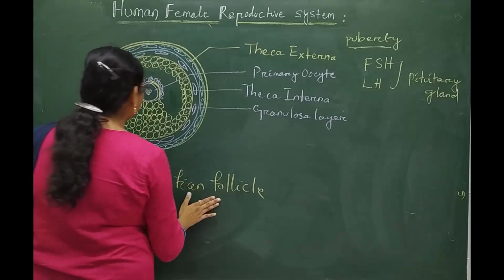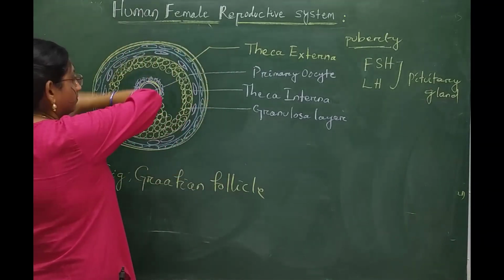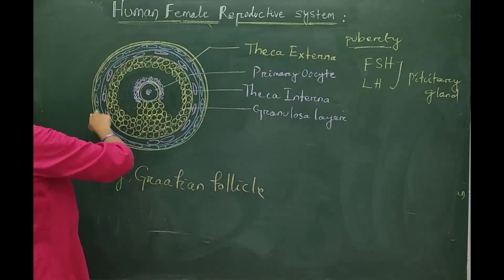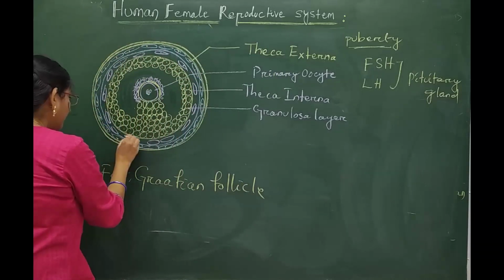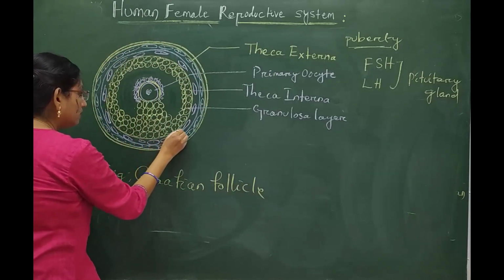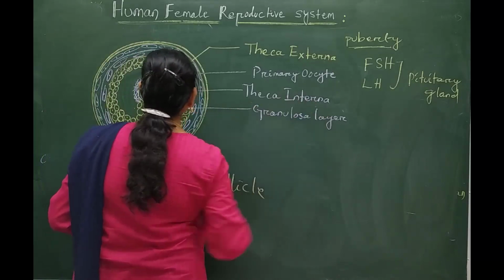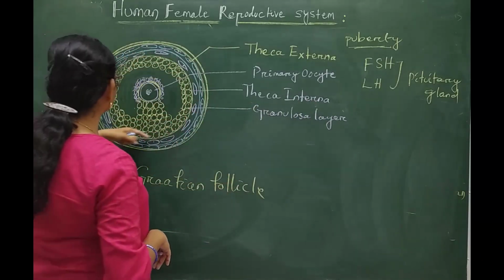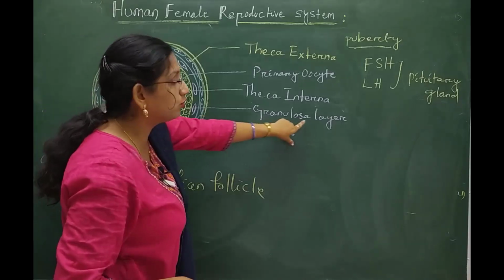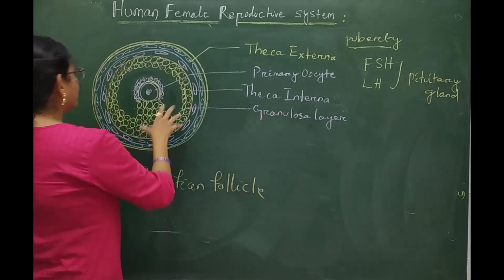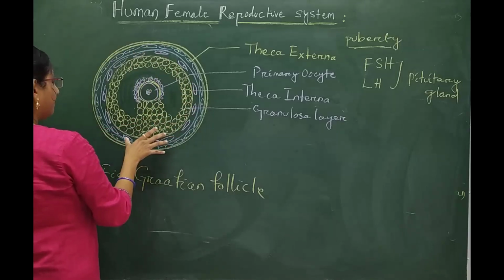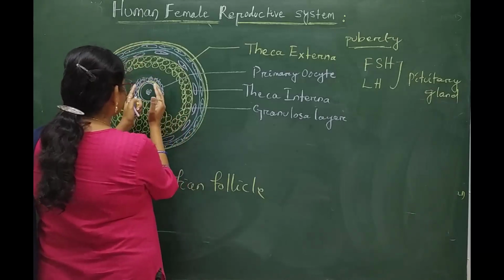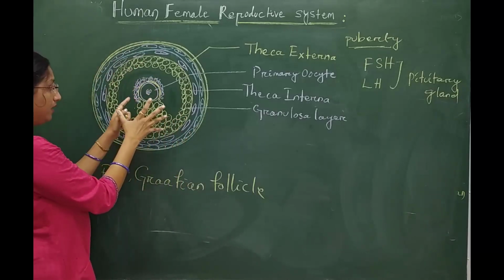Here, this Graafian follicle has an outermost covering called theca externa. Inner to the theca externa, another layer of covering is there, called theca interna. Lower to the theca interna, the oogonial cells covering present over here is called the granulosa layer, and the granulosa layer makes a projection into the central part of the Graafian follicle.